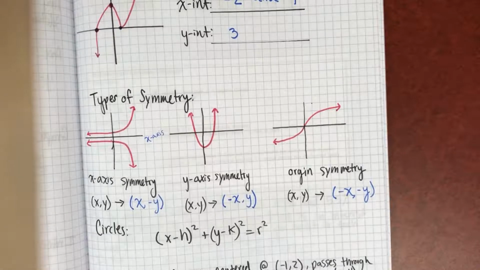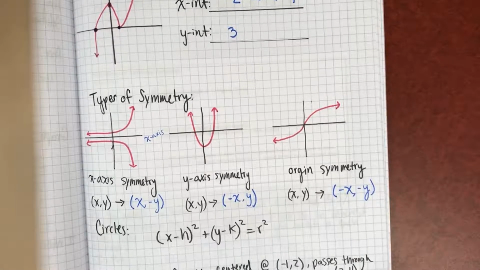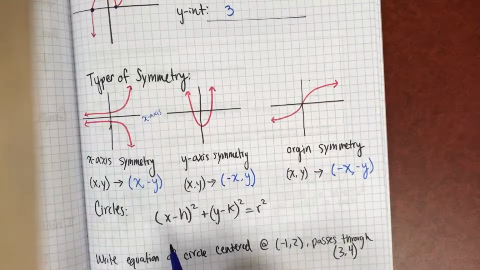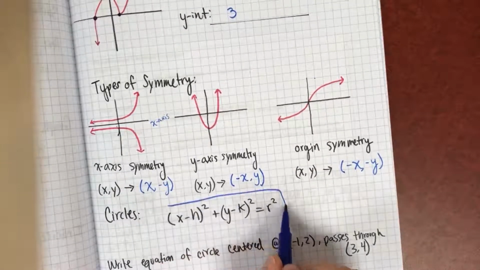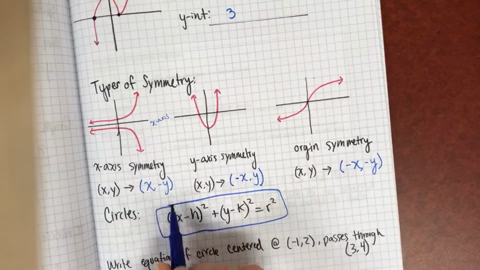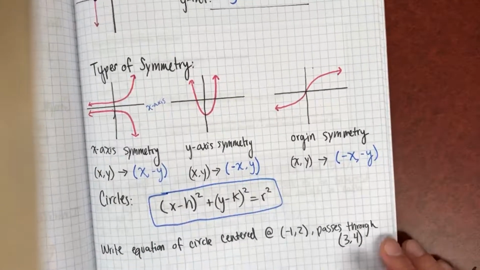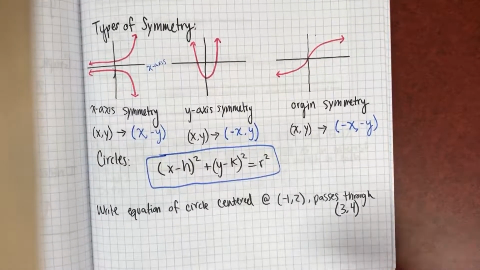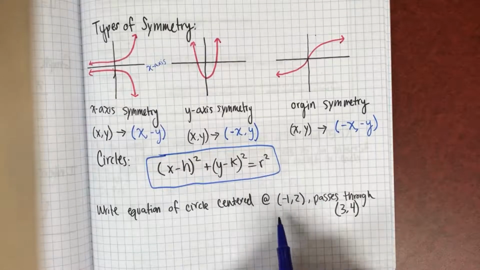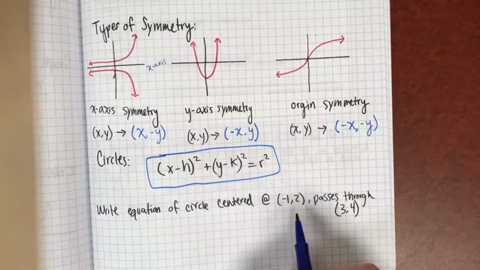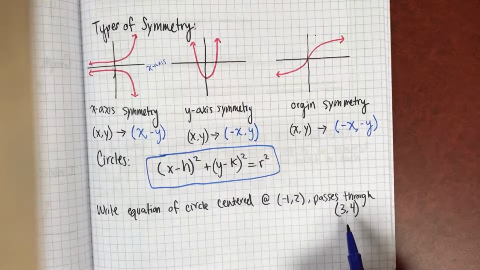Finally, we're going to be looking at circles. Here's our formula for circles. You've probably seen that in geometry, and maybe a little bit in Algebra 1. We're going to find a circle that's centered at the point (-1, 2), but it also passes through the point (3, 4).